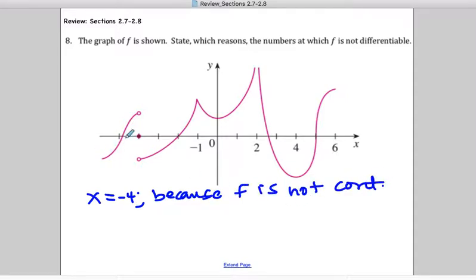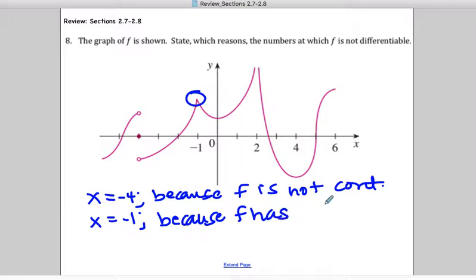Then I travel along my graph and I come to this point. It's a corner or a cusp, so we can't take the derivative there. Got to have smooth curves in order to take the derivative. So at -1, you can't take the derivative because it has a corner. You could also say cusp, either way.